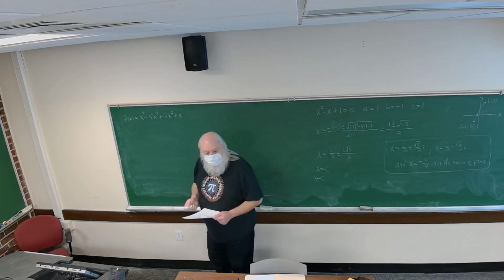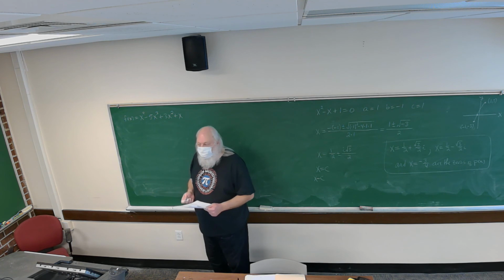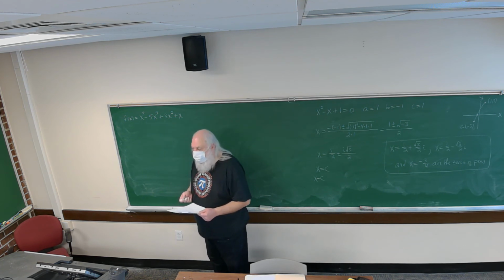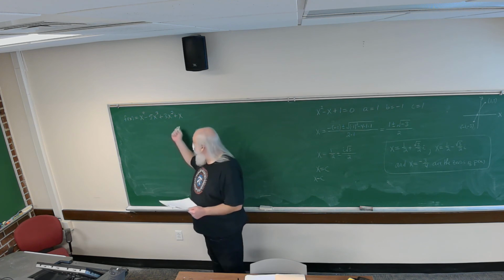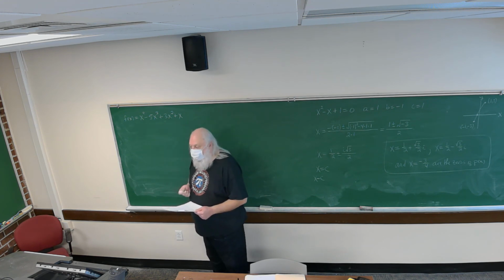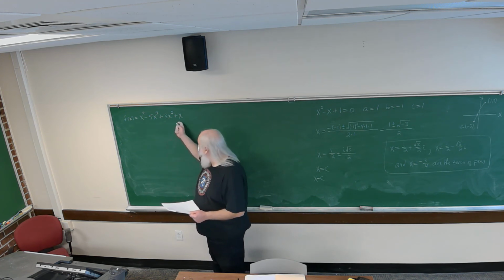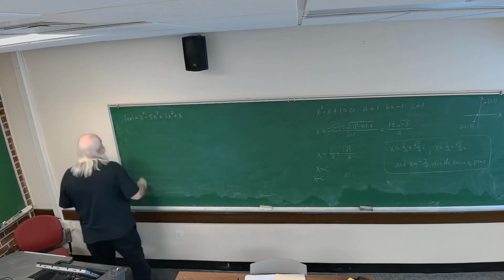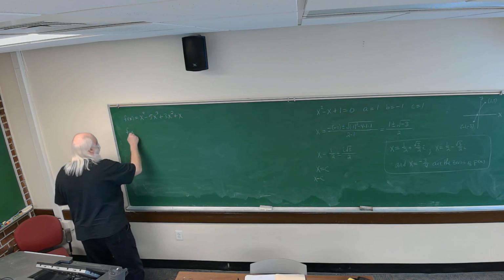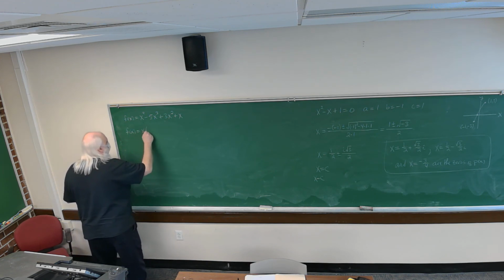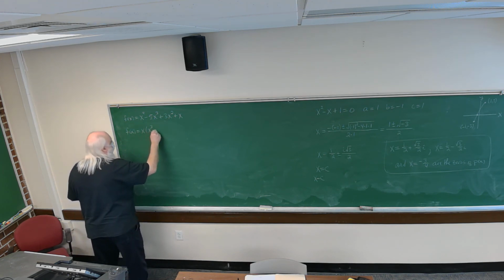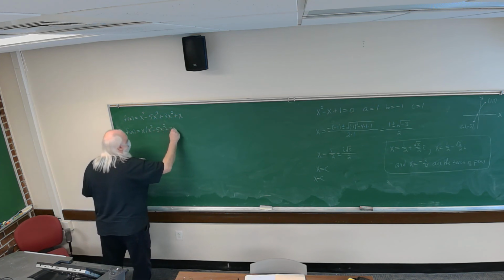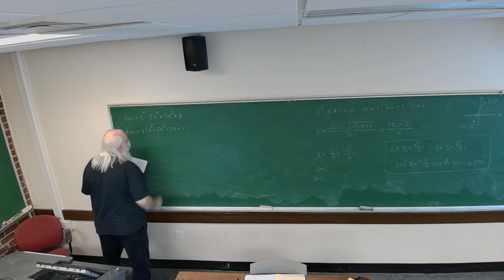What's the constant term? 0. Can this be factored? Yeah. What can we factor? The lowest power of x is x to the 1st. So immediately we can factor out an x. So x times x cubed minus 5x squared plus 3x plus 1.